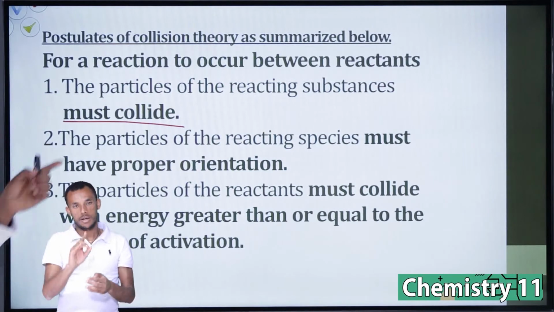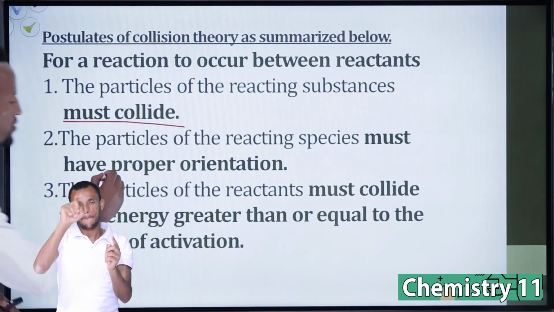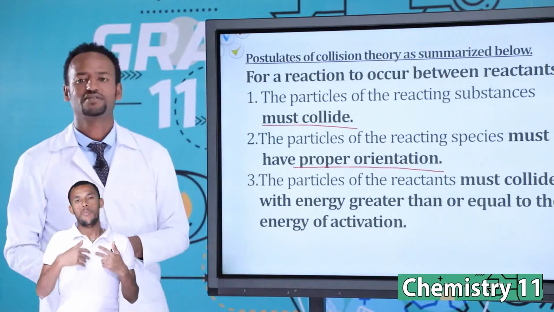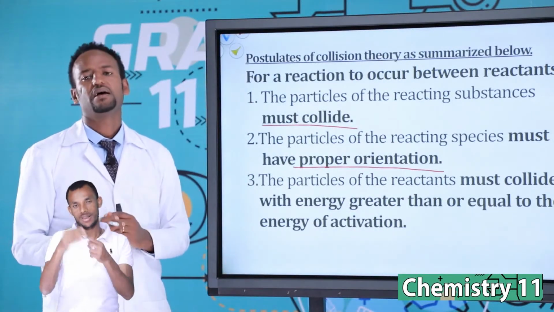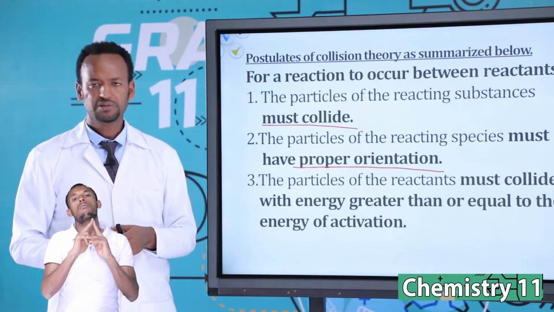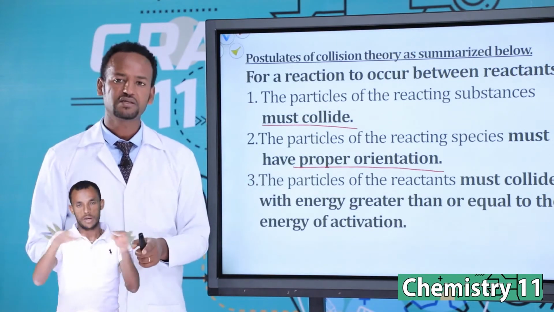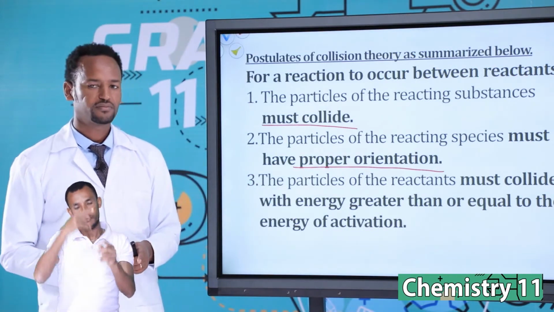The second one: the particles of the reactant species must have proper orientation. The proper arrangement is very necessary. Simply, not all collisions give the desired product. Therefore, proper orientation means effective collision.